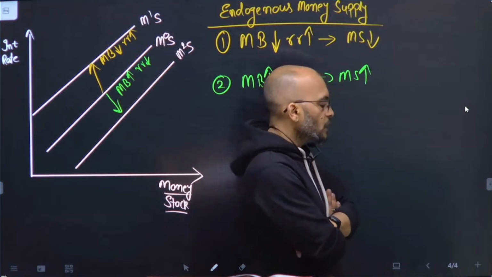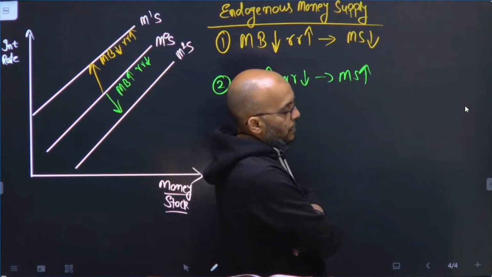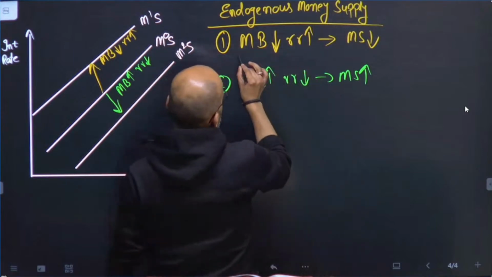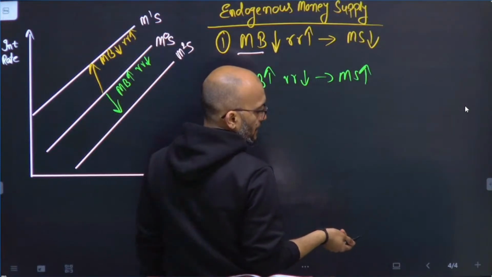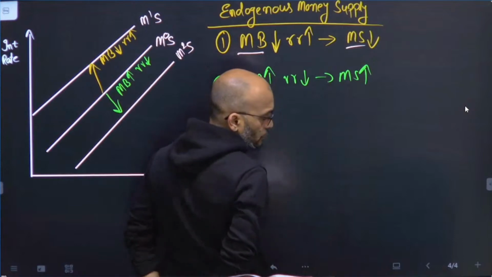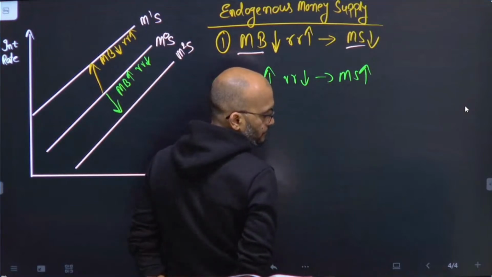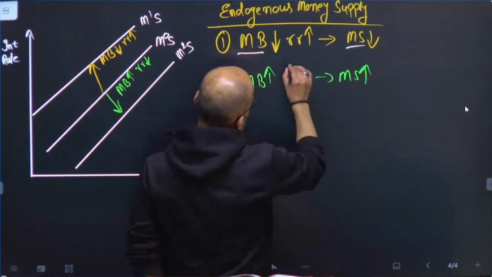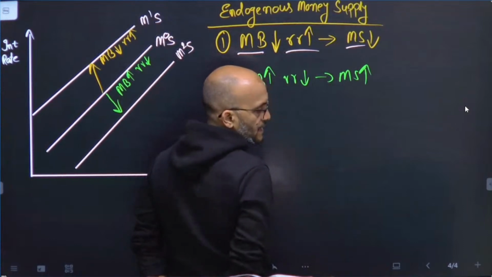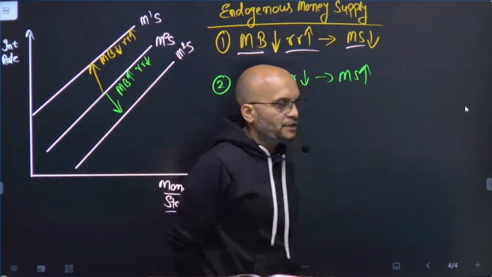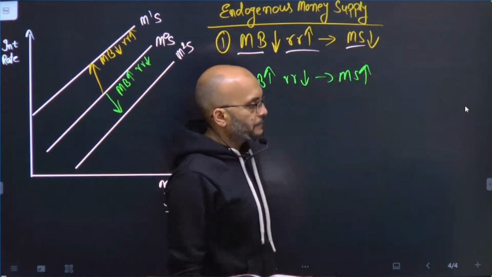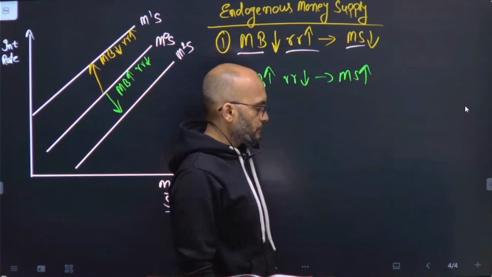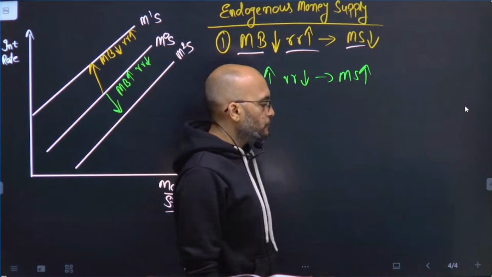Okay. So, Jyotika, if MB is going to decrease, and you said MB is directly proportional to MS, so MS will decrease, yes or no? If RR is going to increase, and since RR has a negative or indirect relation with MS, then MS will decrease, yes or no?